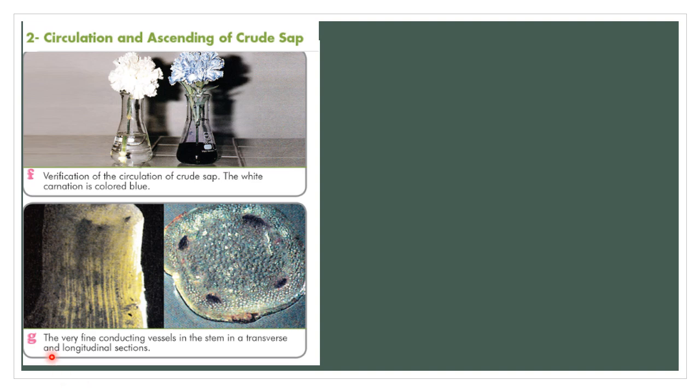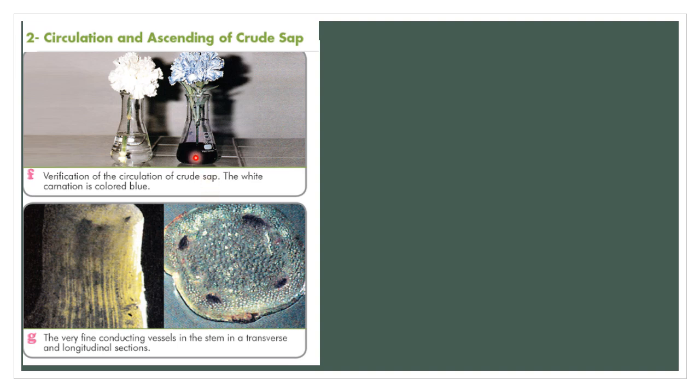Document G shows the very fine conducting vessels in the stem in a transverse and a longitudinal section. We cut the plants into sections, transverse and longitudinal. Here the longitudinal section and here the transverse section. In both sections, red color is observed.